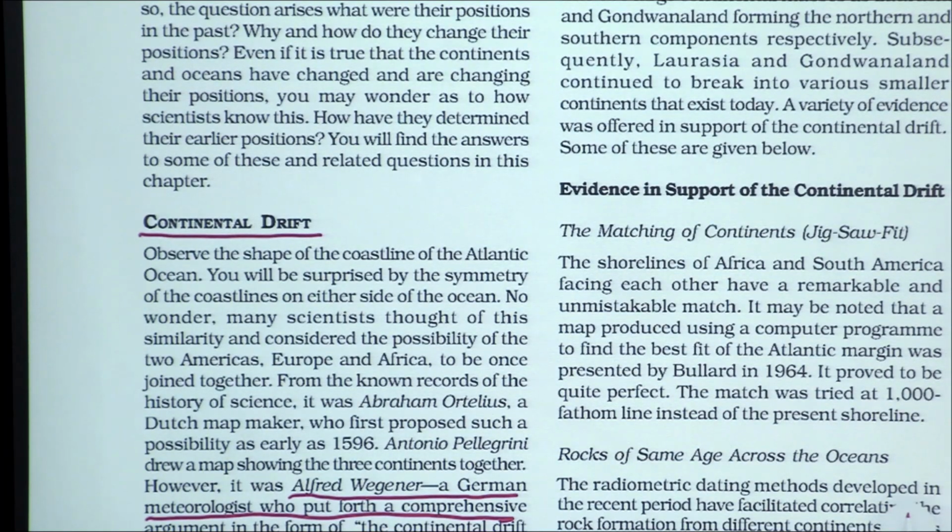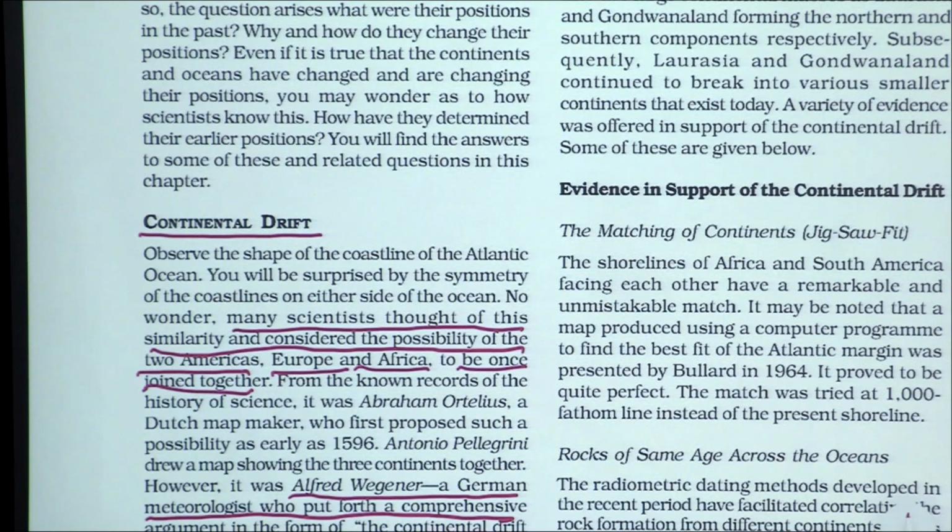Now, what is important for us to notice as per our NCERT is that I do get mention of some of the earlier scholars who talked about the possibility of a fit. So, if I read it sequentially, many scientists thought of the similarity and considered the possibility of the two Americas, Europe, and Africa being once joined together.